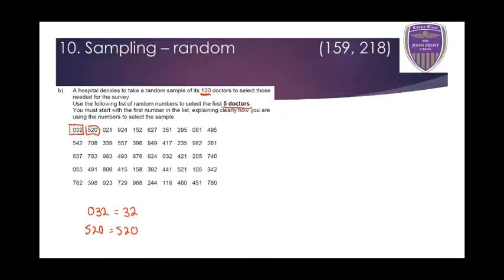So first of all, let's number our doctors 1 to 120.